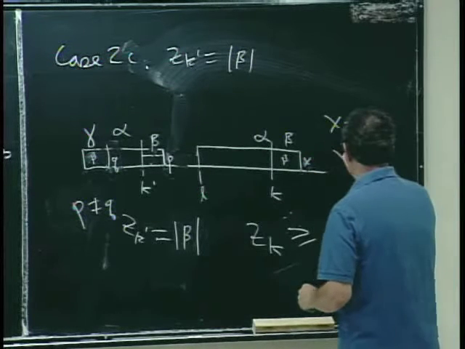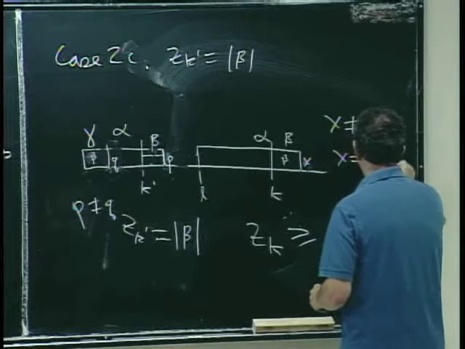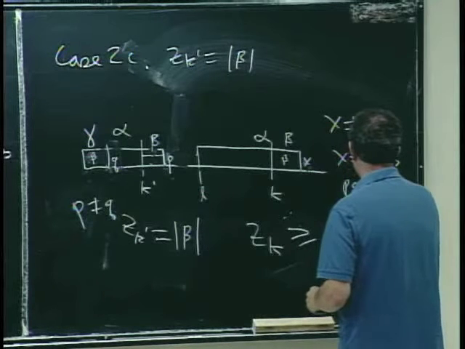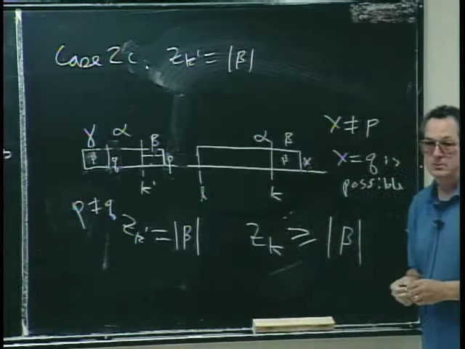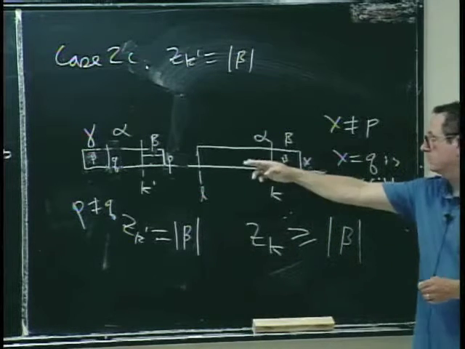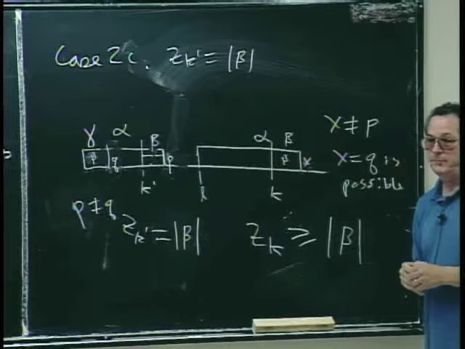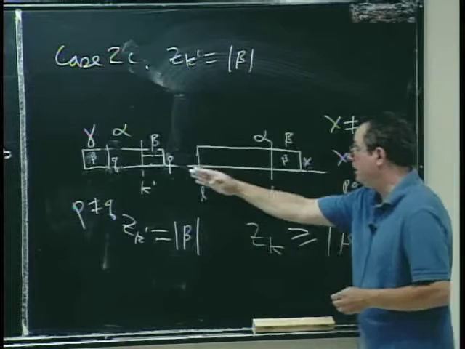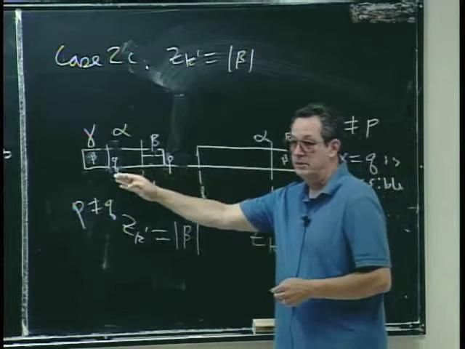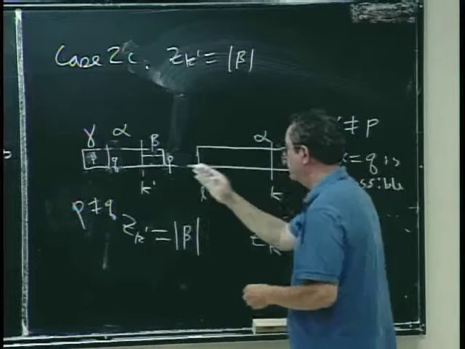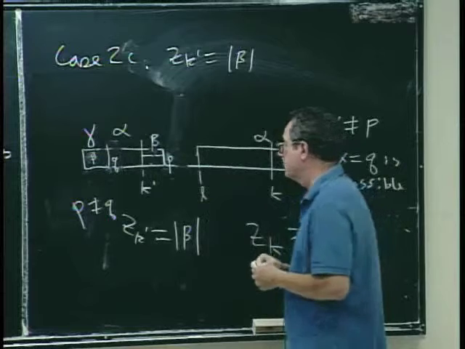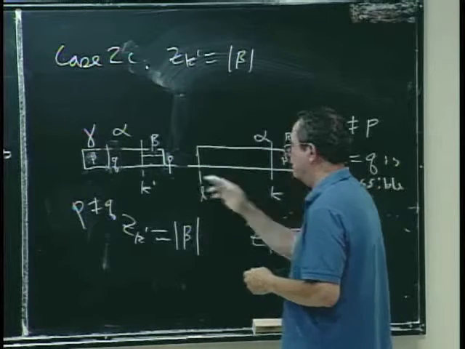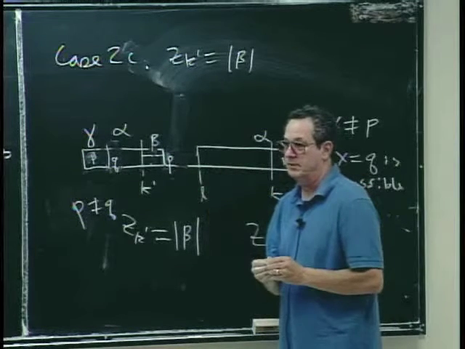Okay? So x equal to Q is possible. We haven't found any reason why x should not equal Q. We know it's not equal to P. We know P is not equal to Q. So x is not equal to P, and P is not equal to Q. So that's some small evidence that maybe x is equal to Q. All right?